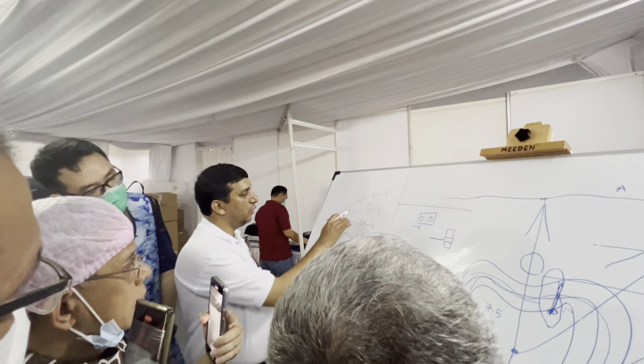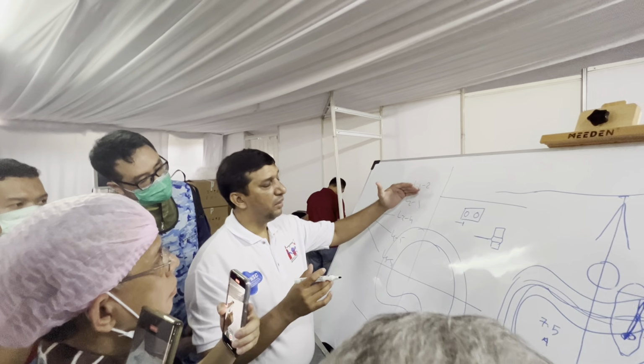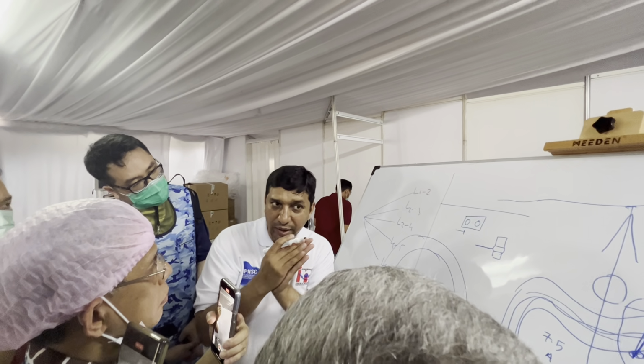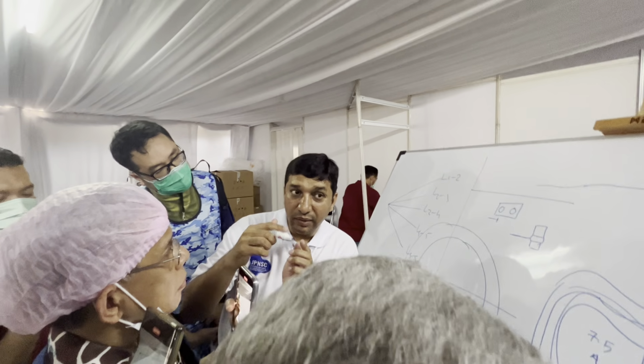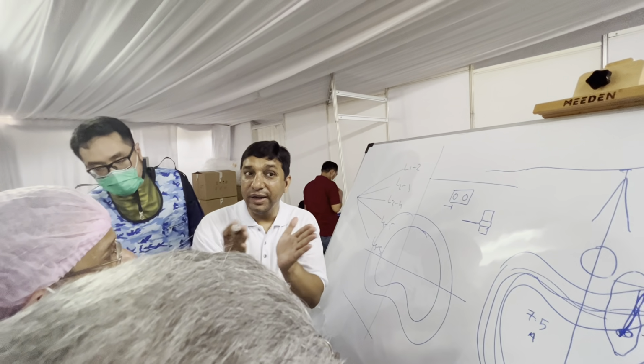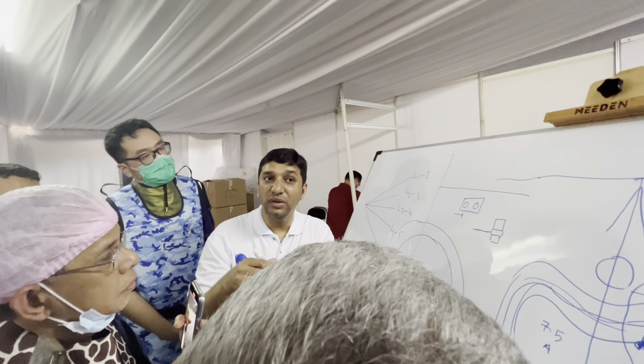Because for the upper discs, L1-2, 2-3, 3-4, the facets are more medial, your entry point will be more medial, because the facets are within or quite inside the vertebral body. So actually we are going flush to the facet.